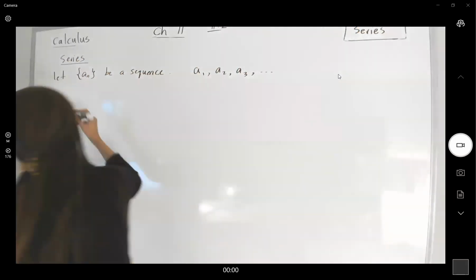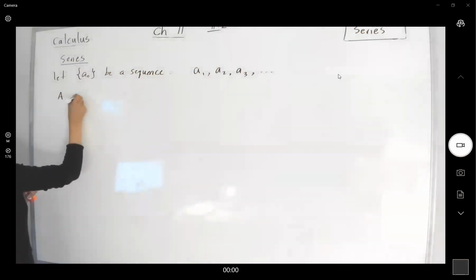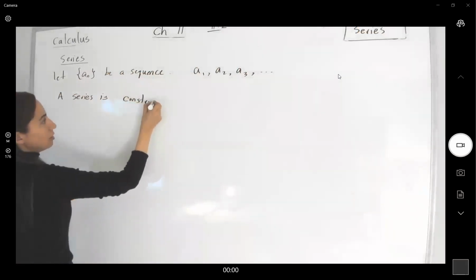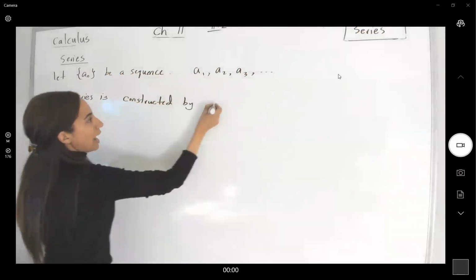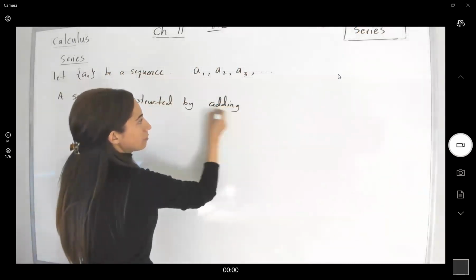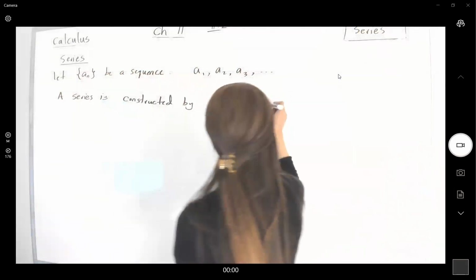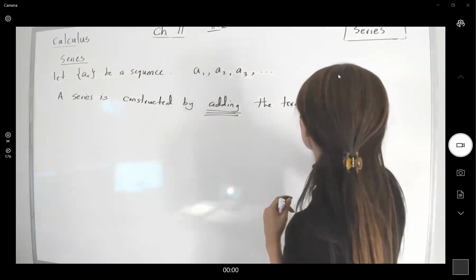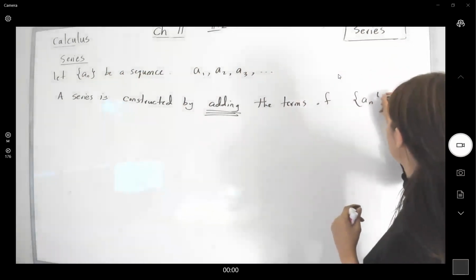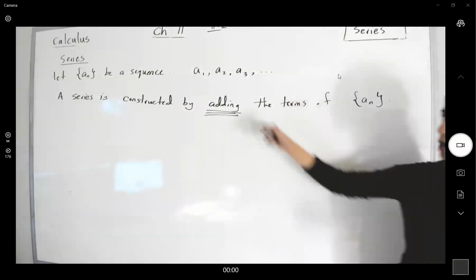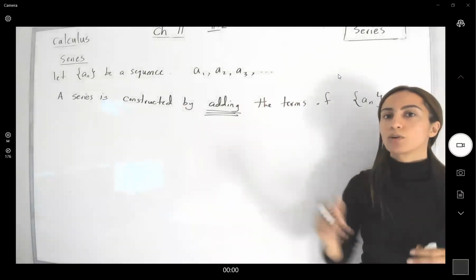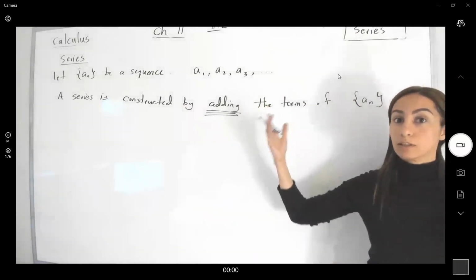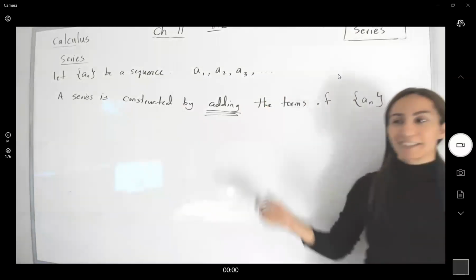A series is constructed by adding the terms of sequence a sub n. So you have a sequence, you're taking those elements, those terms, adding them together and defining something new, and we call it a series.